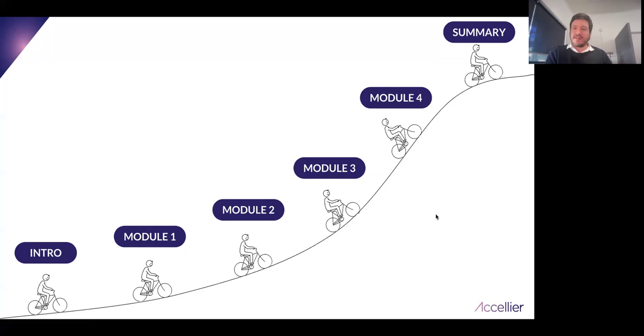It's like riding a bike up a very, very increasingly steep hill. You have an intro, then module 1, module 2, and it gets steeper and steeper. If you're lucky, by module 3 or 4 you might still have some people riding their bike, but many might have gotten off, some might be trudging and walking, and others might have given up altogether. Then you get to the top, you've got your summary, and it's all over.